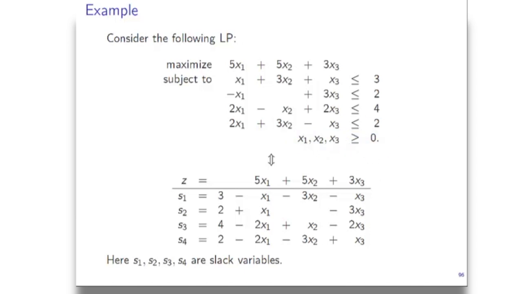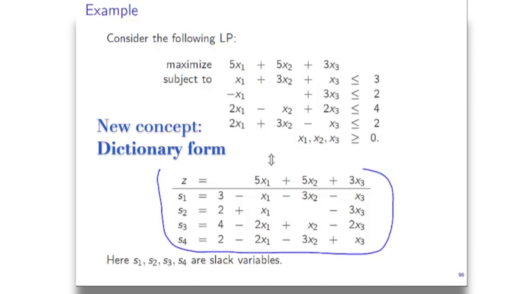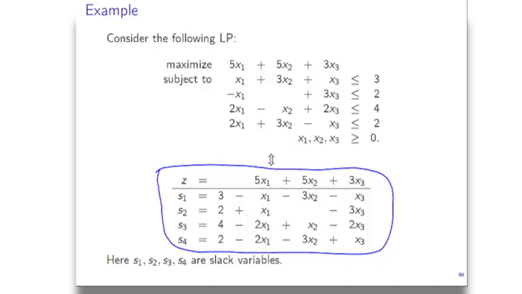So now this representation that we have here, we call this the dictionary form of the LP. And again, in this representation we have the objective in row 0. So we start numbering the rows with 0, 1, 2, 3, 4. So this is row 0, and sometimes we'll also call it the Z row.